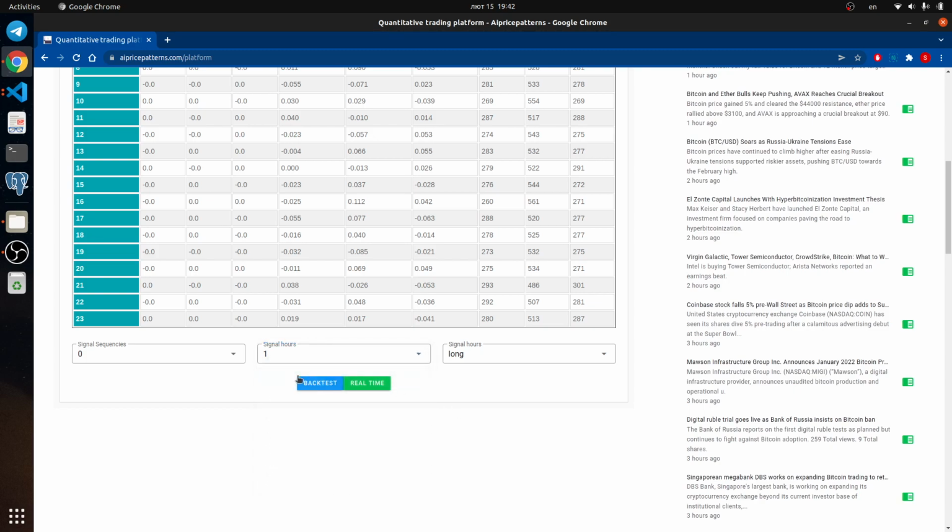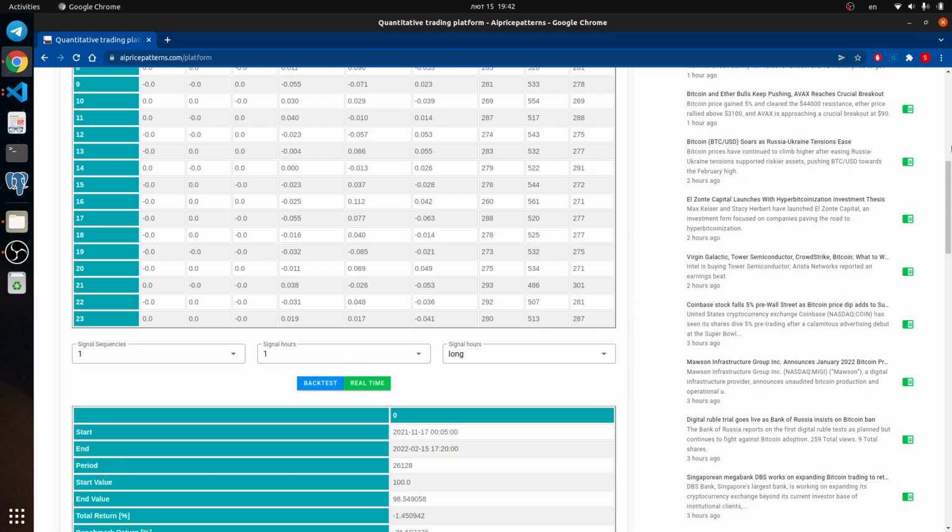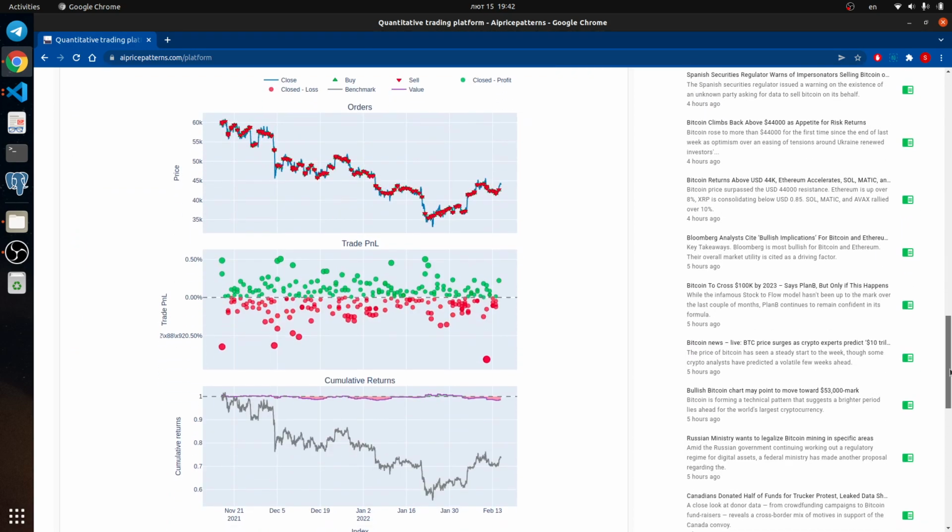By default, let's see what happens if I use some random value. Let's do a backtest, and I would like to show you that if you have a worse combination, it would not work. So let's see. You see we haven't any positive cumulative returns.